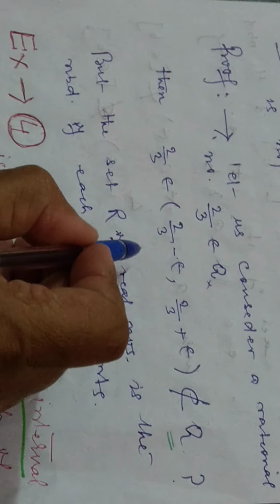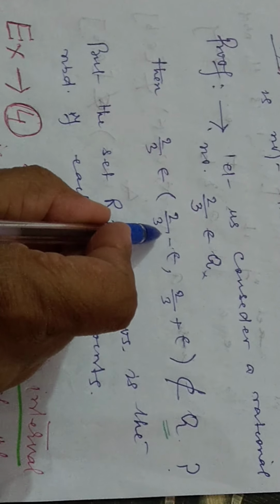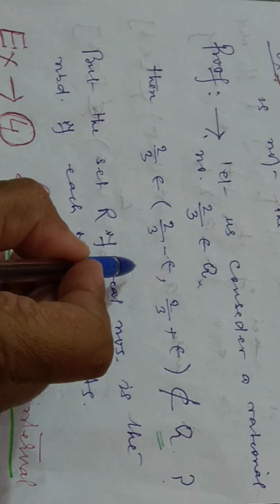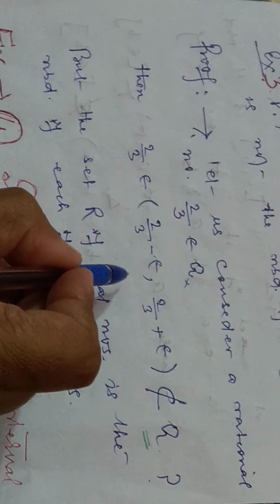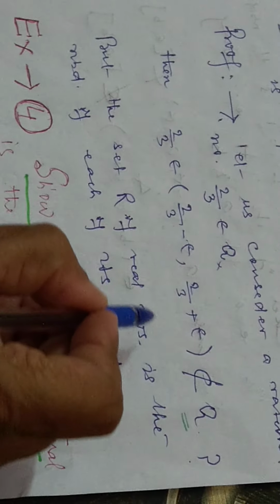By similar arguments, you can say that between these two real numbers there are infinitely many real numbers, and each real number need not be a rational number.